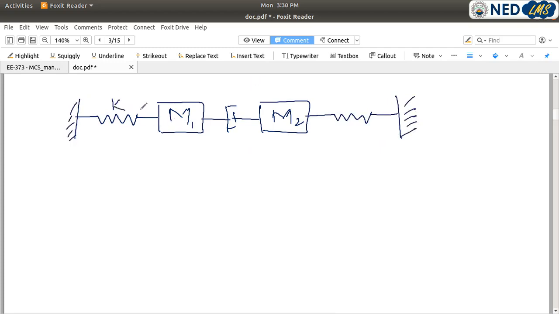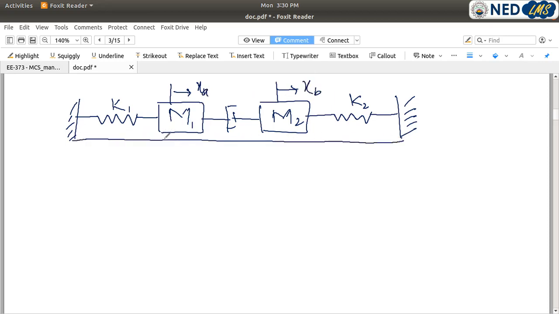This is K1, this is K2, displacement XA and displacement XB, and the friction between mass M1 and surface is B1, and friction between mass M2 and surface is B2.